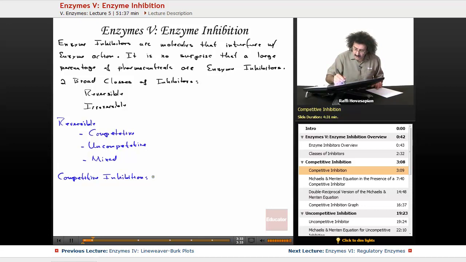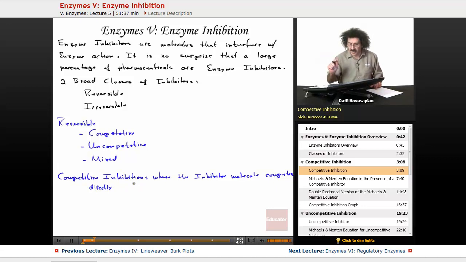It's where the inhibitor, which again is a molecule, competes directly with the normal substrate for binding to the active site.